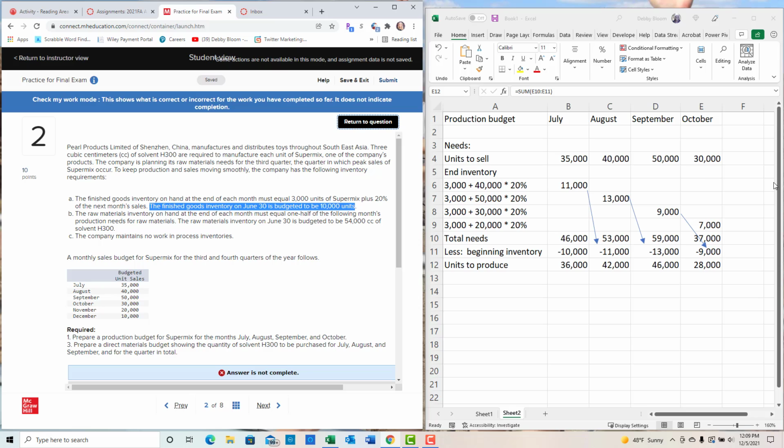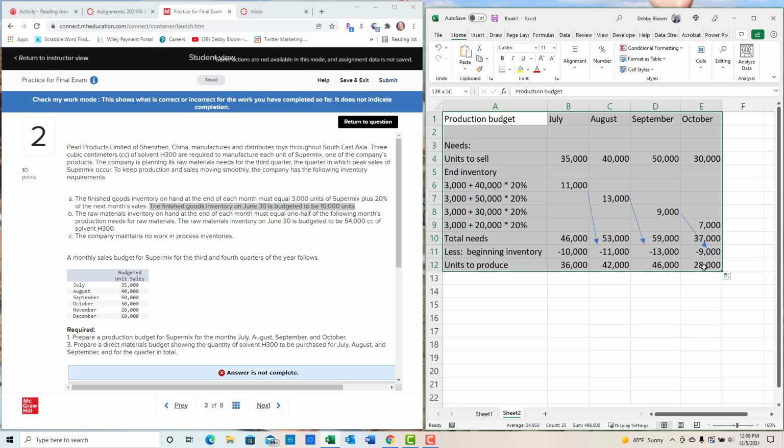Now, what's going to happen is, for our raw materials budget, we're basically going to do the same thing as the production budget, but instead of units to sell, we're going to start off with units required for production. So that's why we did our production budget too.